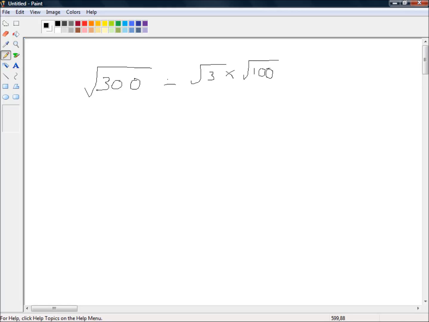Now, 100 can be written as 10 squared. So if we take the 10 squared out of the square root, we've just got 10 times the square root of 3, which is now in its simplest form. So this is an irrational number in its simplest form, so this is now a surd.